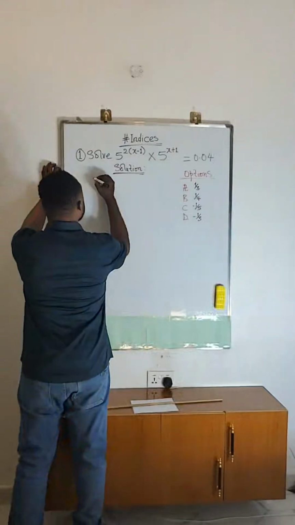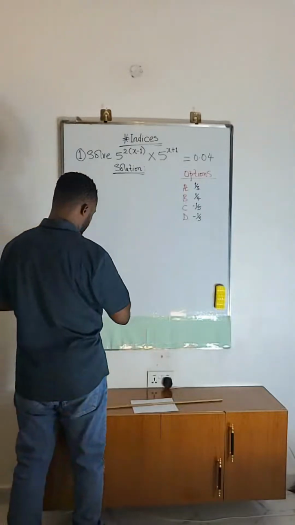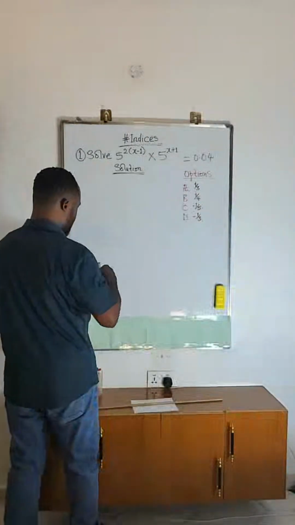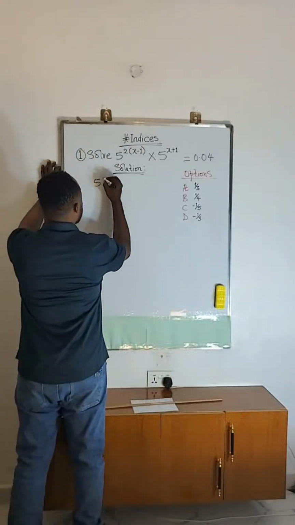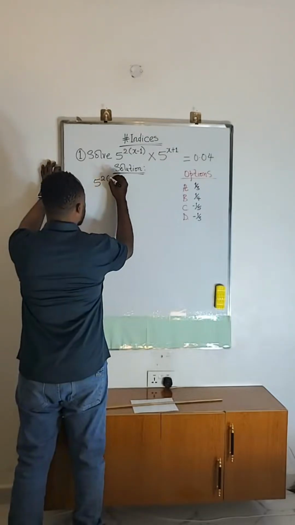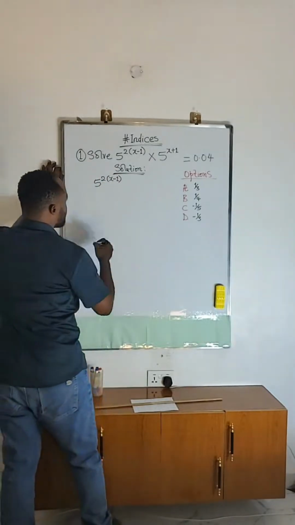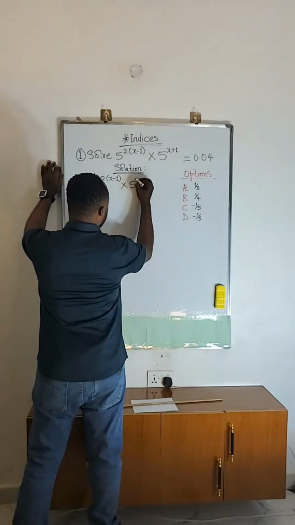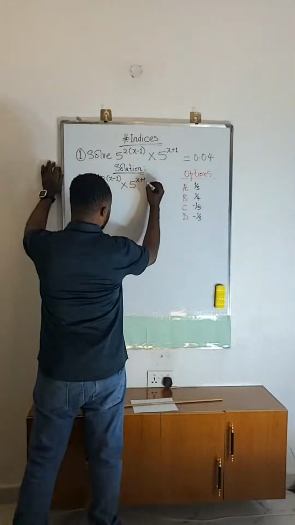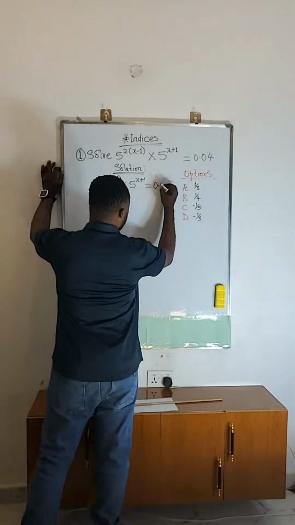Let's bring the question. You have 5 raised to the power of 2x minus 1, times 5 raised to the power of x plus 1 equals 0.04.